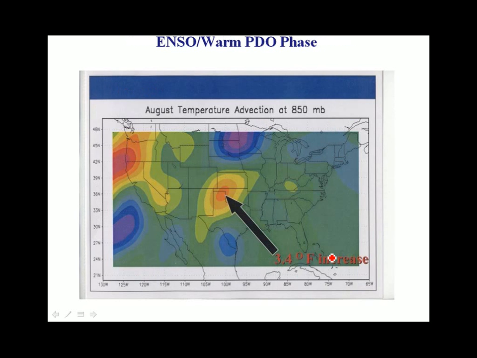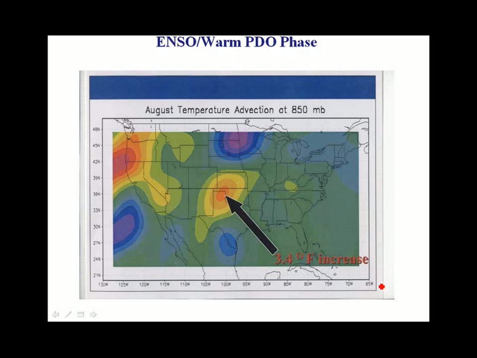And so then I started looking at, okay, if we have above normal precipitation, what is causing that? How is El Nino and the warm phase of the PDO causing more precipitation?